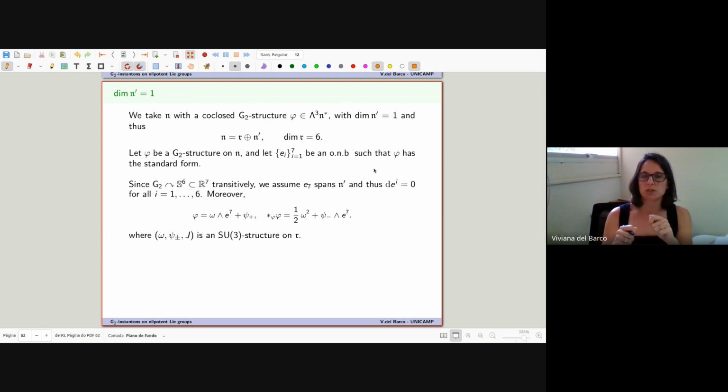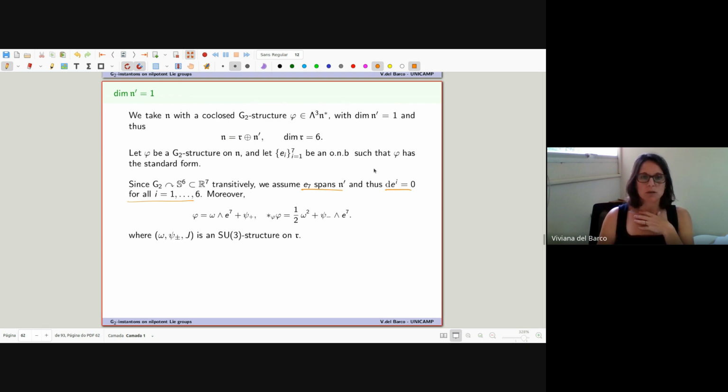The G2 structure is preserved because we are acting with an element of G2, but we changed the basis with which we compute the differential. So that means that we are able to make the differential of e_i be 0 for i from 1 to 6, because here n prime is the only one that has differential for the Lie algebra.